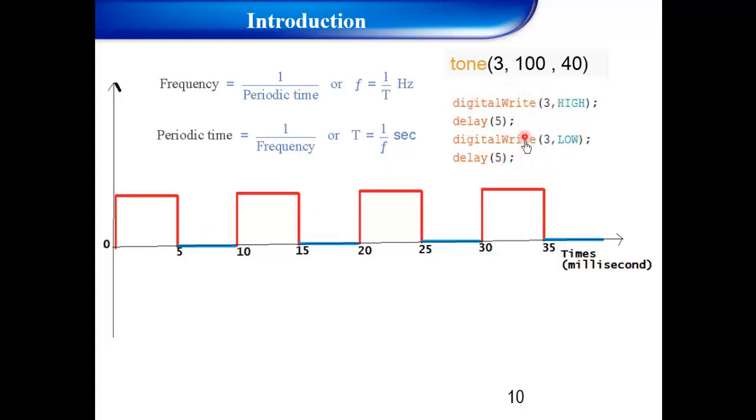Write this 4 times: high, low, high, low, high, low, high, low. I mean this duration is 40 milliseconds. Write this 4 times, and it generates this square wave.